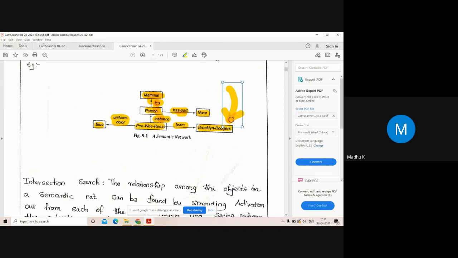In India, cricket is the common game, so you can write your own example using cricket. For example, instead of PV Ray, you can use Virat Kohli, and instead of the team name, you can use the Indian cricket team. Then the relation is team, and the uniform color in India is blue.